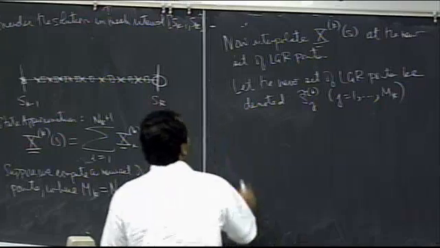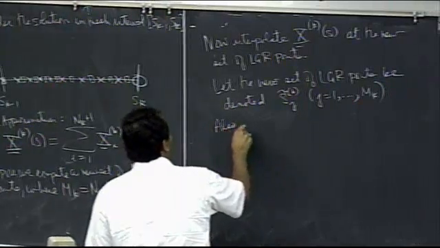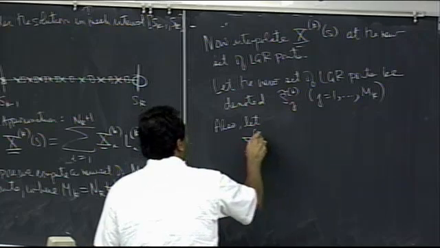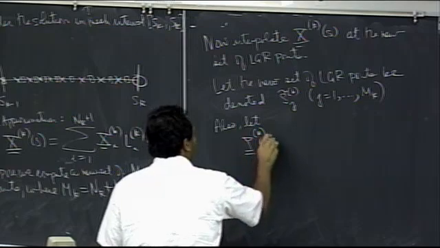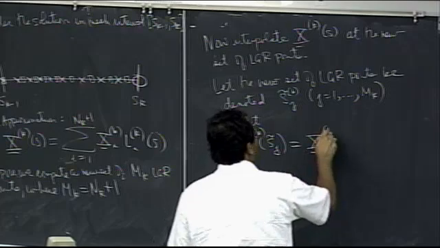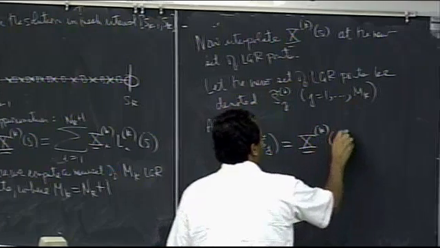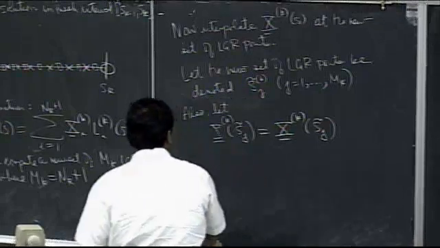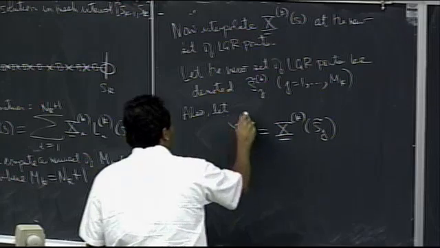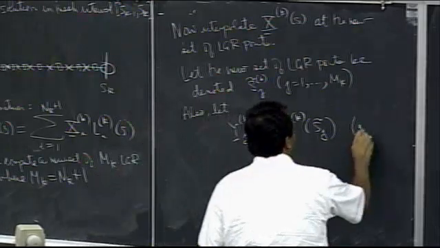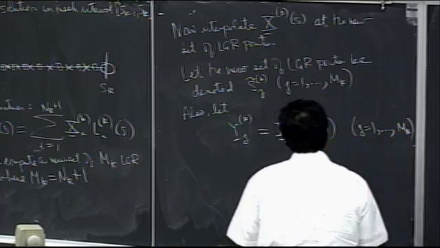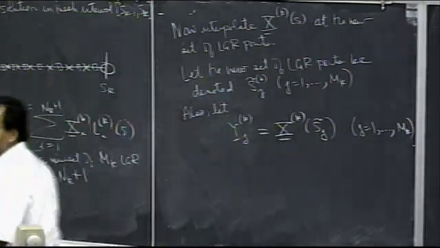So I can also let y k evaluated at s tilde j equal x k evaluated at s tilde j. Actually, I don't even need the s tilde. I'll just go y k j, and j goes from 1 up to m sub k.